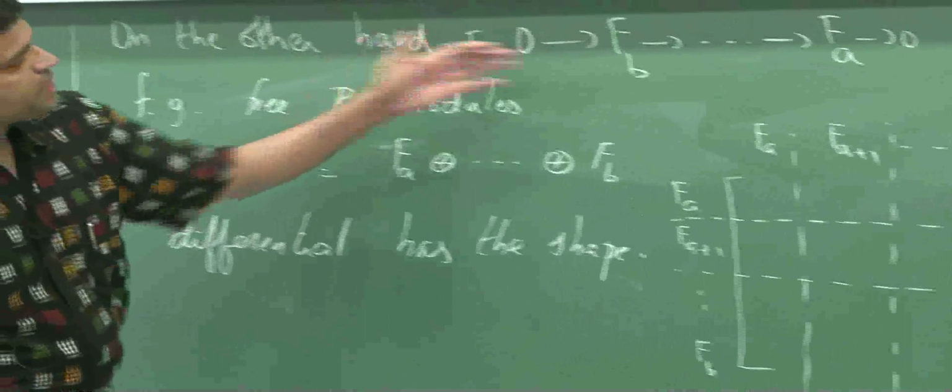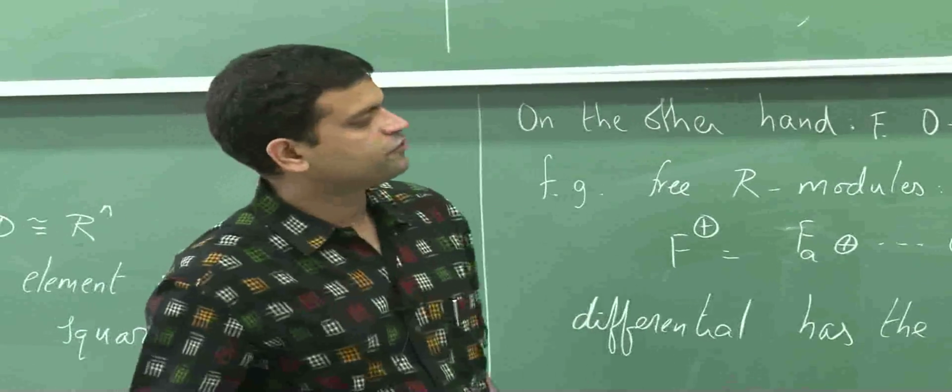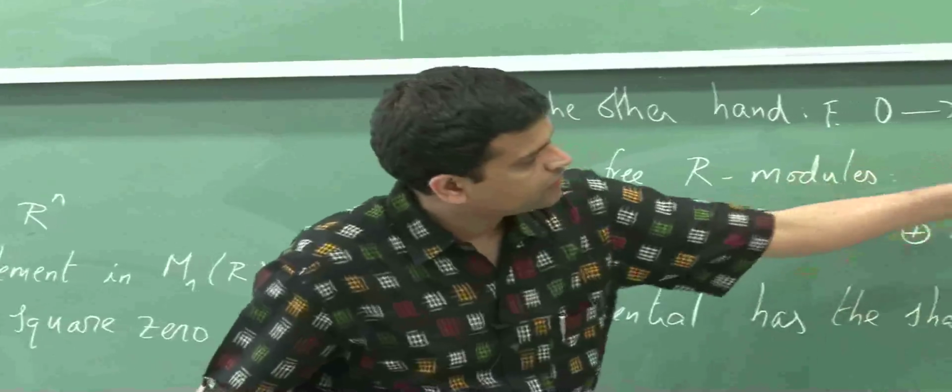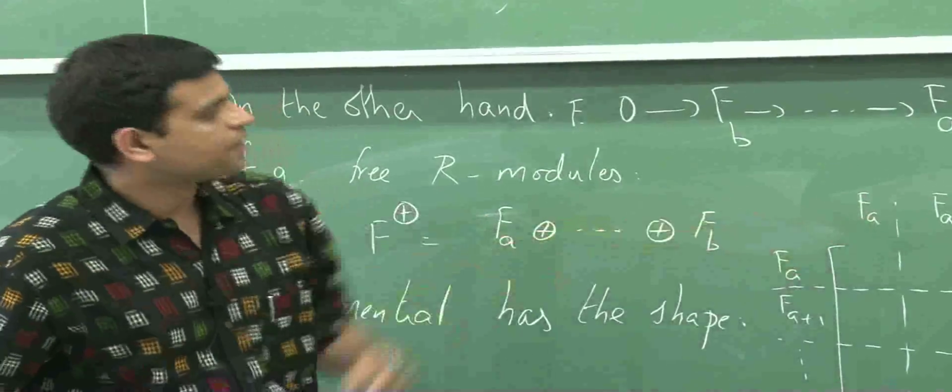It depends on how you write matrices of endomorphisms of a free module, but I want to write here the image of the basis elements coming from Fa.